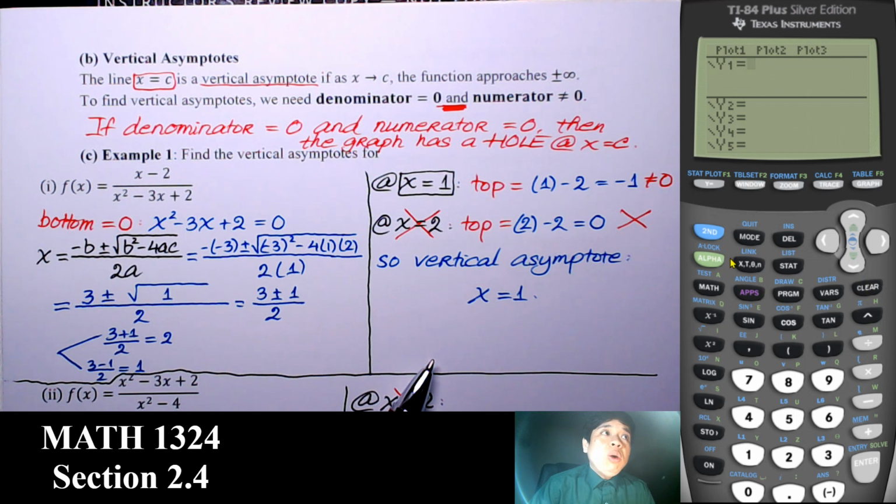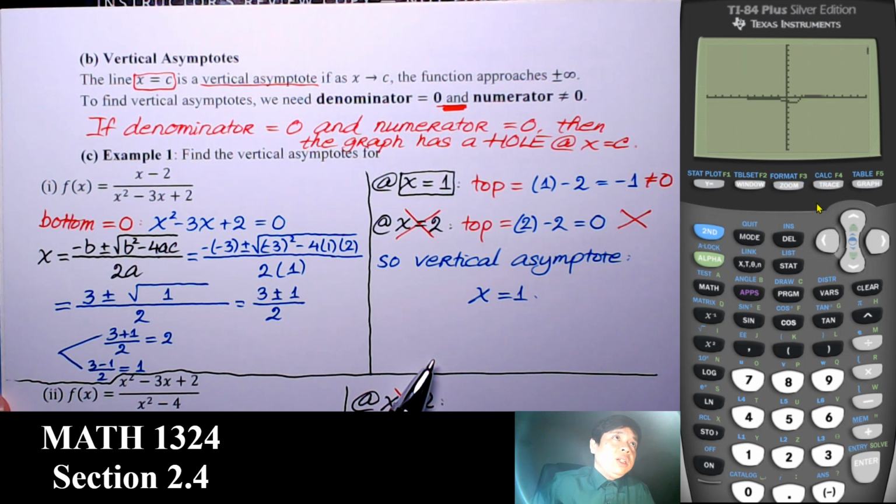But a better way, if you use the calculator, hit alpha y equal and then enter x minus 2 on the top, at the bottom x squared minus 3x plus 3. Then we graph.